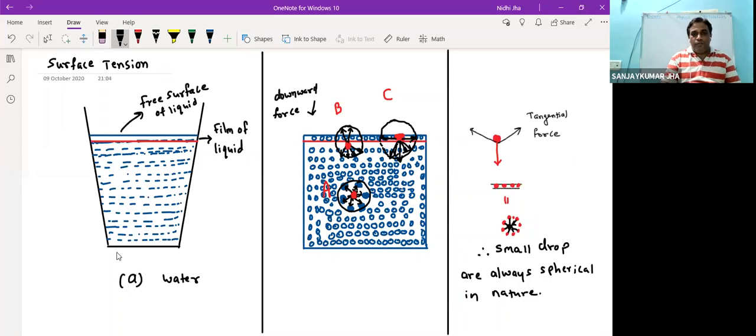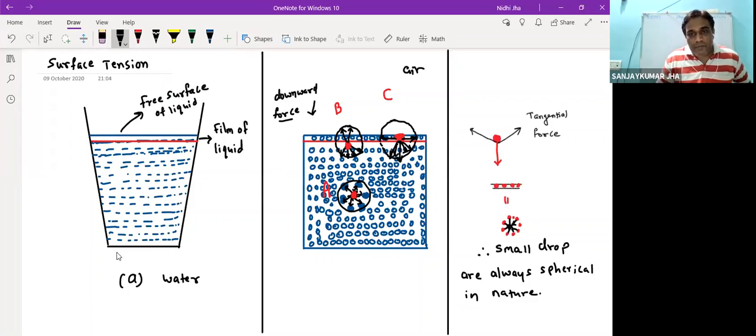Now, if you look at molecule C, this molecule C is exactly on the free surface of the liquid. The upper segment basically consists of air, which means half of the sphere of influence will be in liquid and half will be in air.